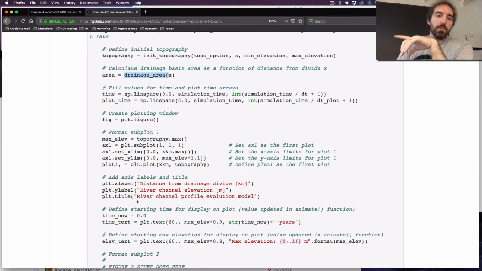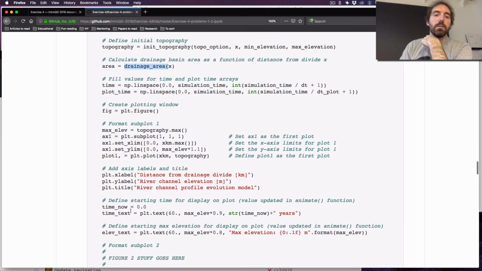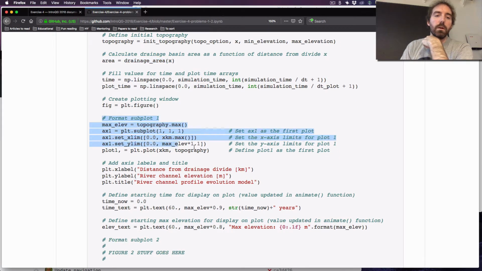The way animations work with matplotlib is you first create the plot, and then you do things like call this update figure to update the plot. So you'll see here actually that this is the place where the plot window or the plot is actually created, and then it's just updated in the other function.